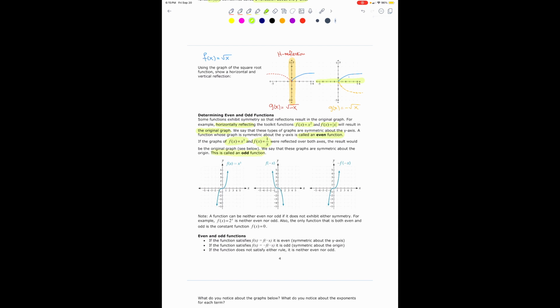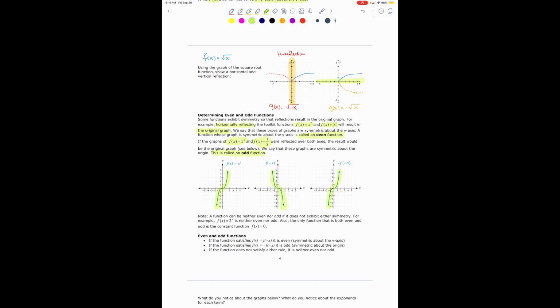This is called an odd function when the graph of the function is symmetric about the origin. So as you can see, here is the parent function, and then reflecting it across the y-axis, it's going to look like that, or reflecting it horizontally. And then if you reflect it about the x-axis, it's going to return back to the original shape.